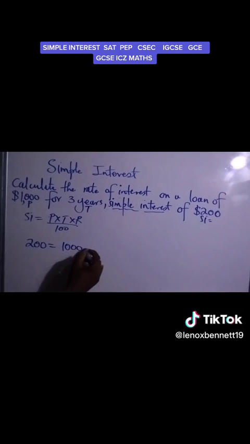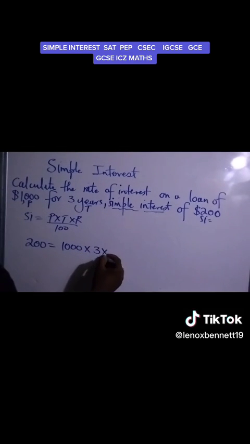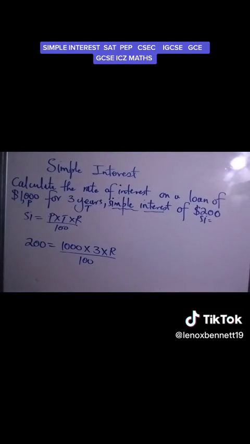So 200, because that is simple interest, equals 1,000, that's the principal, times the time, which is 3 years, times R. We don't know R, so we use R to represent it, which is the rate, all over 100. And from here, all we're going to do is just transpose.